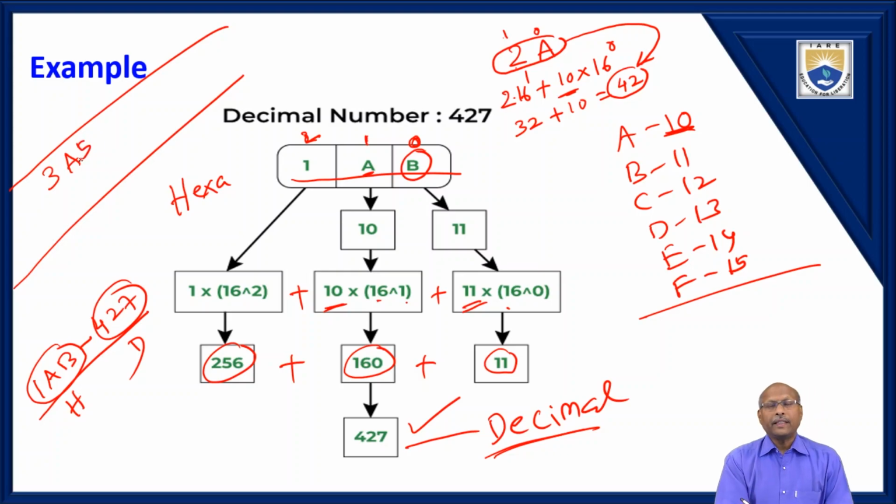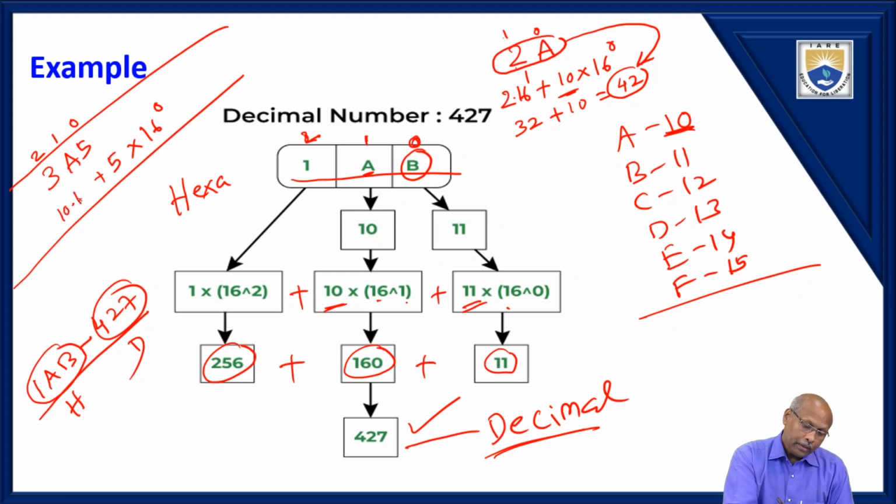Similarly, I may give 3A5. In that case, what is the decimal value? This is hexadecimal. This is the 0th position, this is the 1st position, this is the 2nd position. First you go from right to left. So 5 into 16 power 0, plus A, which means 10, into 16 to the power 1 because of the position, plus 3 into 16 to the power 2 because 2 is the position.